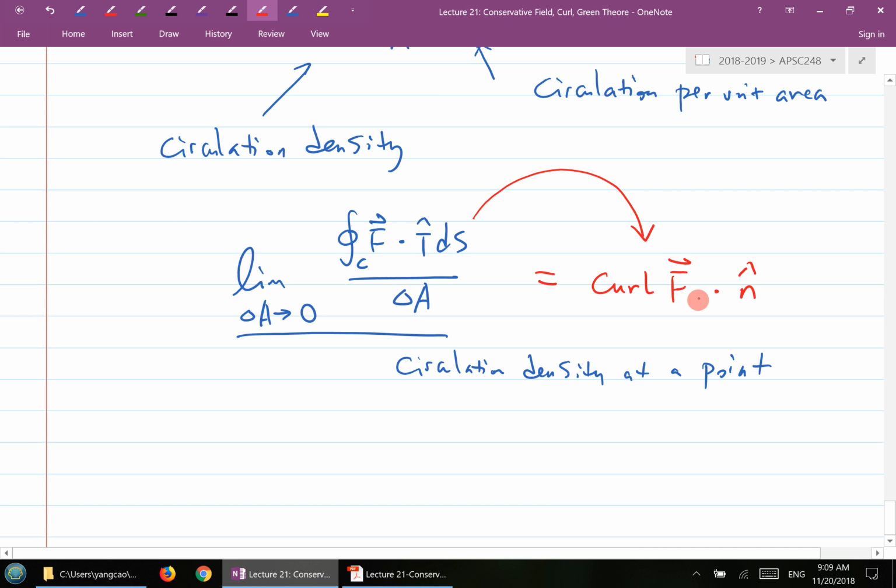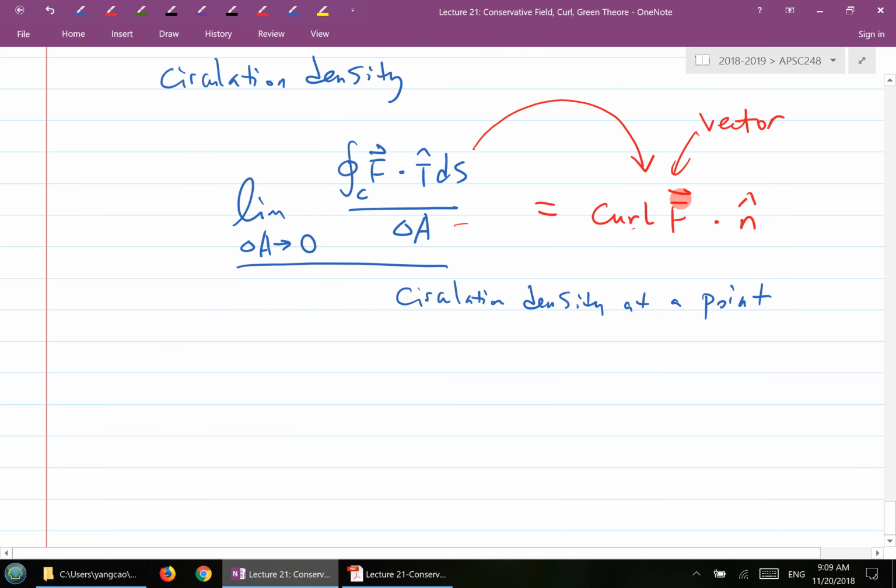So this is basically the purely mathematical meaning. When you calculate the curl F, you get a vector. Say you calculate this vector at a certain point, you probably get this curl F here, right? And then for your n hat, maybe I have a curve C which has n hats like this.